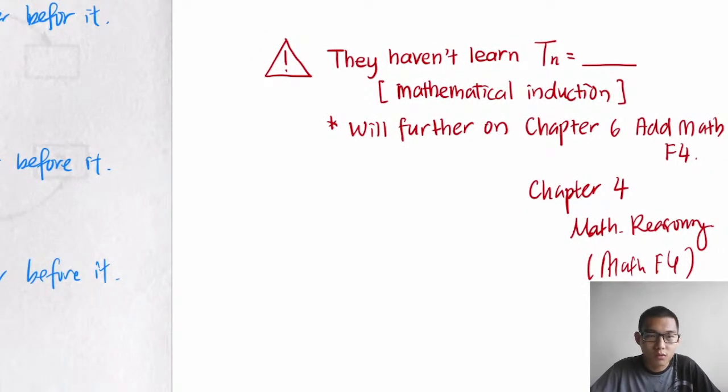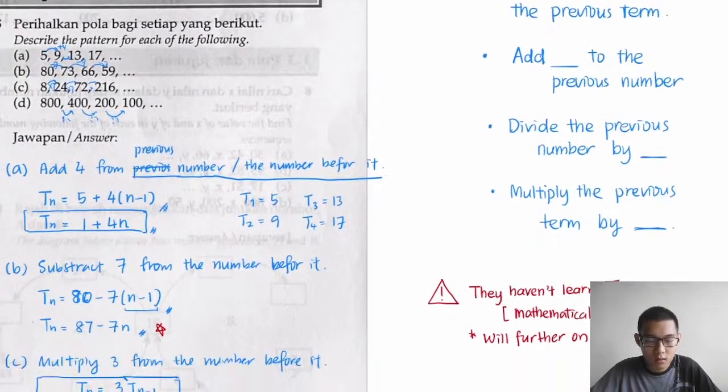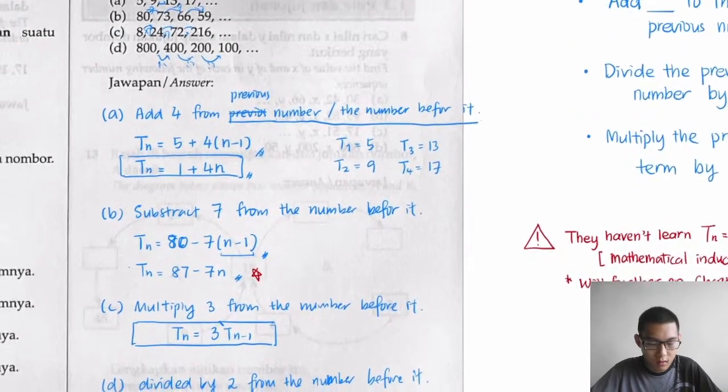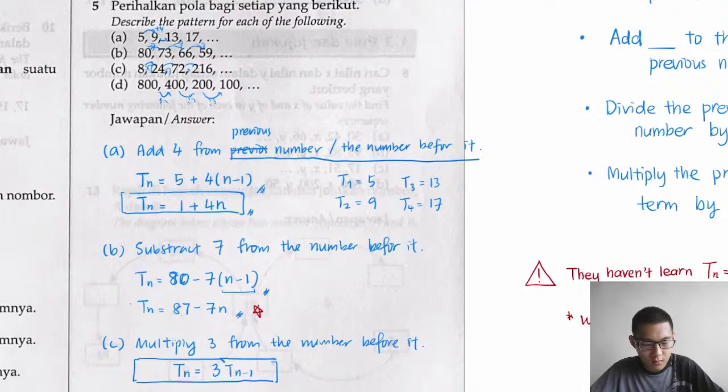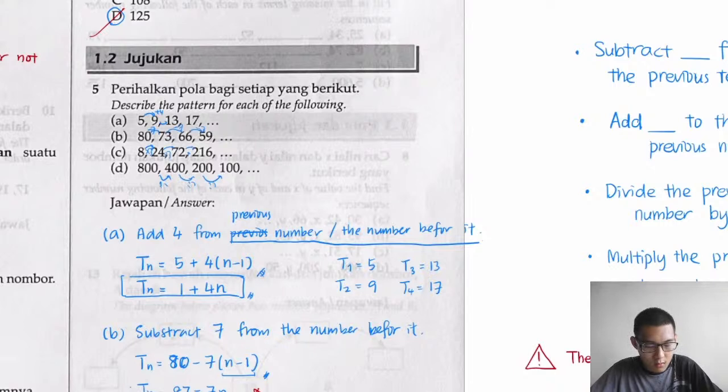So I think you do not need to write down like this. If you describe, you describe by your own words, or sometimes you can write down like this. This one is 1 plus 4n, where n equals 1, 2, 3, and so on. So this one is acceptable.